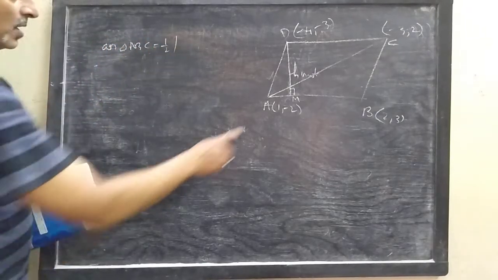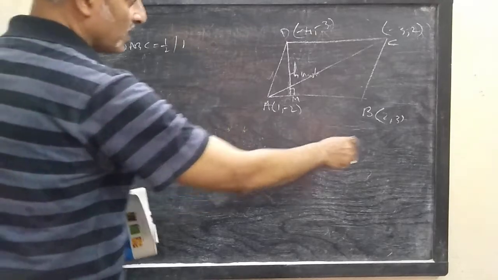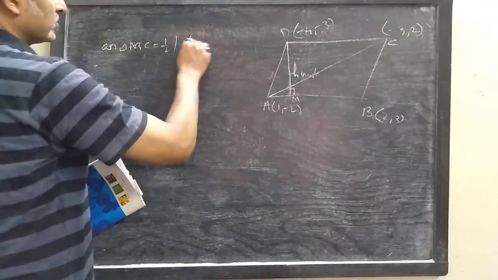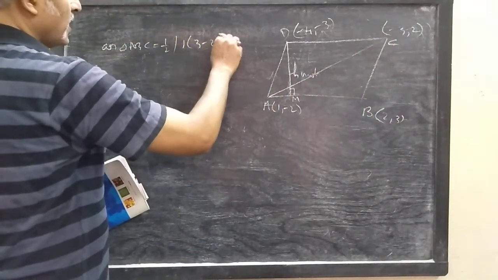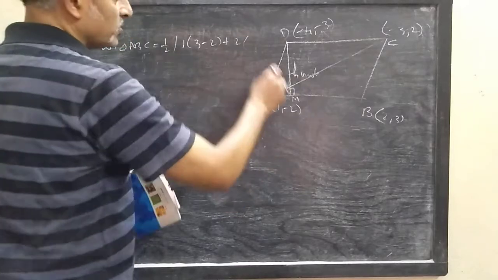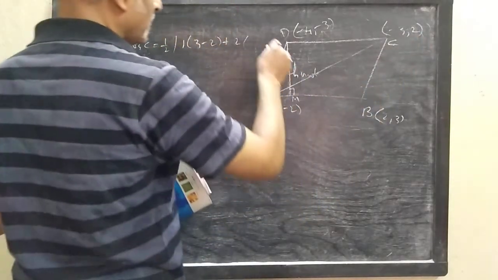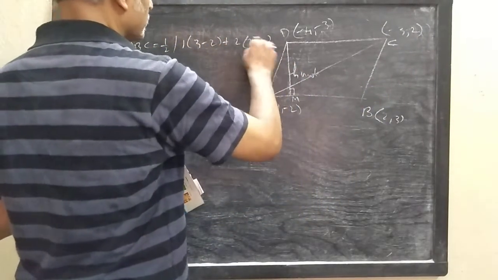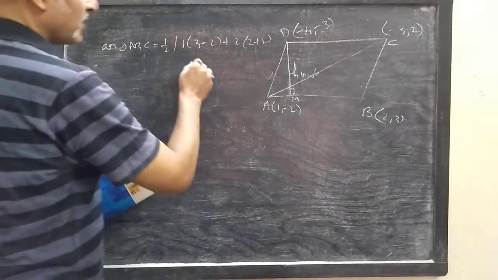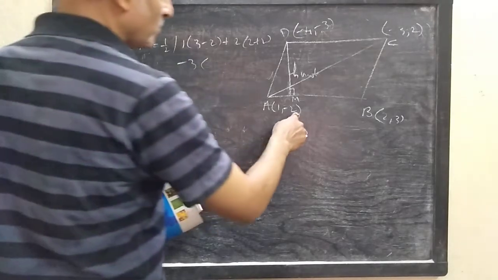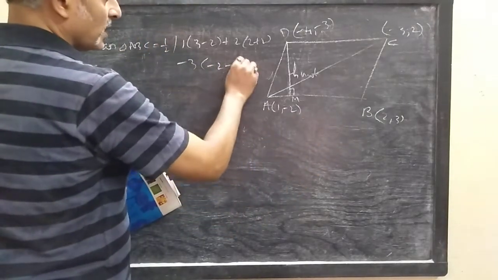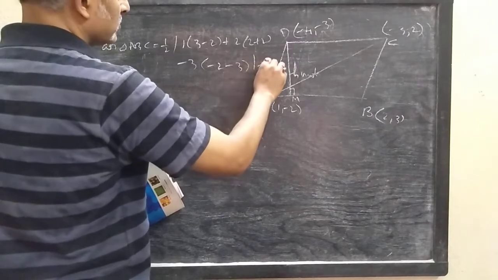Half mod, x1 into (y2 minus y3), 3 minus 2, plus x2, which is 2, into (y3 minus y1), 2 minus -2, that is 2 plus 2, plus x3, which is -3, into (y1 minus y2), -2 minus 3, square units.